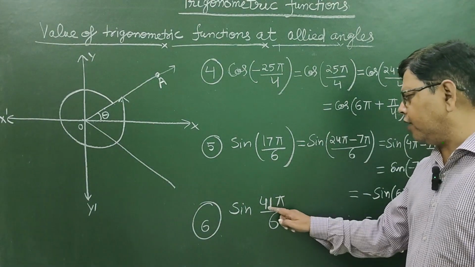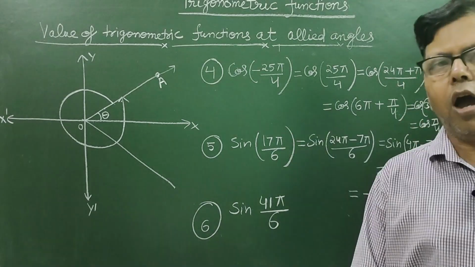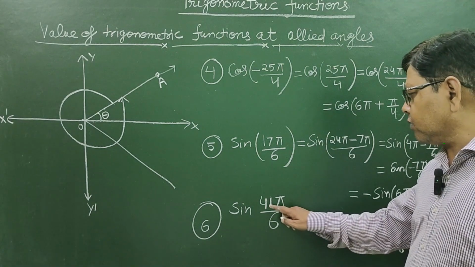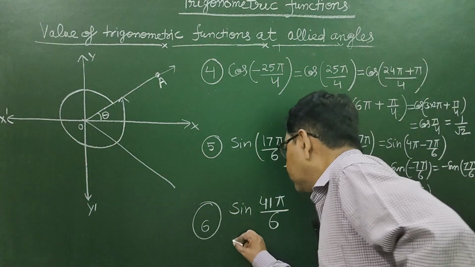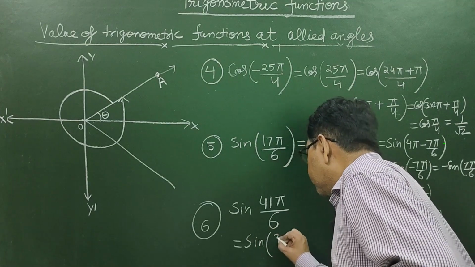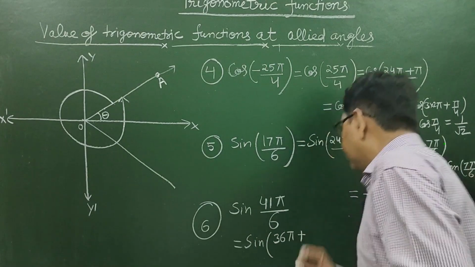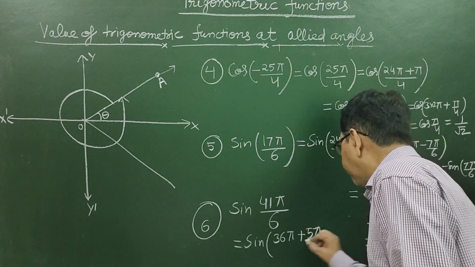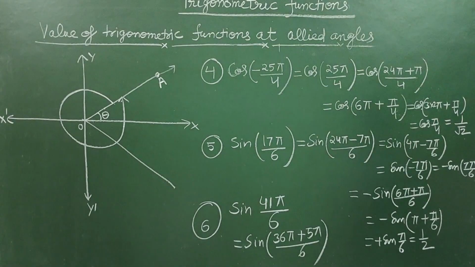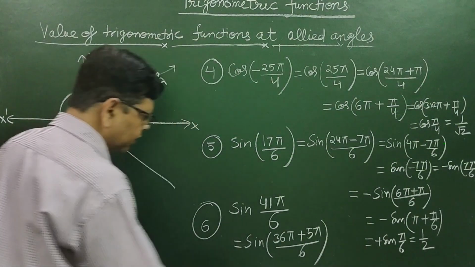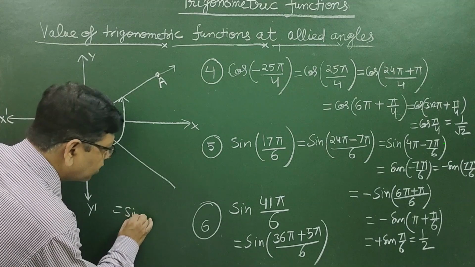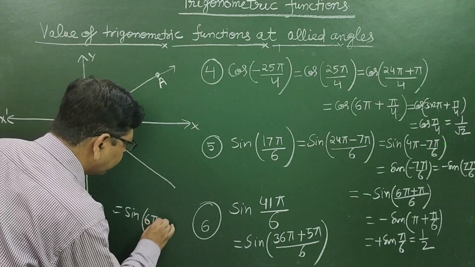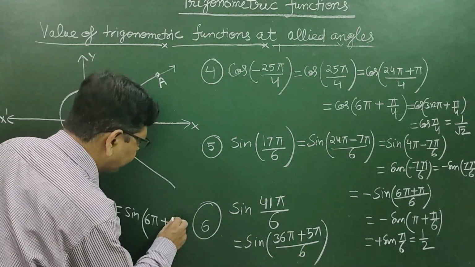Now this value, sine 41 pi upon 6. How to evaluate it? If I take this as 36 pi plus 5 pi upon 6, then this value is equal to sine of 36 pi divided by 6, which is 6 pi, plus 5 pi upon 6.